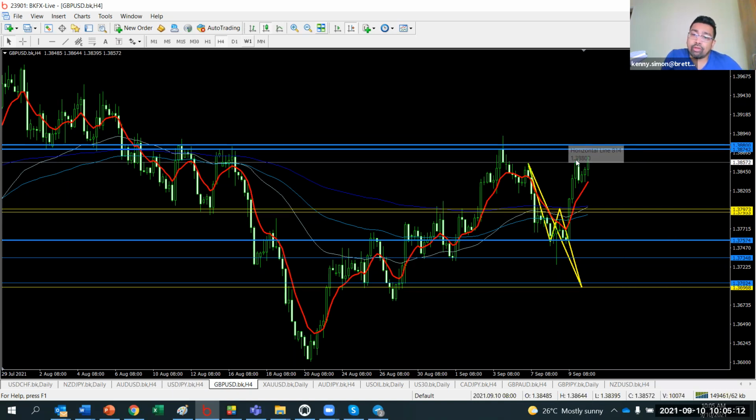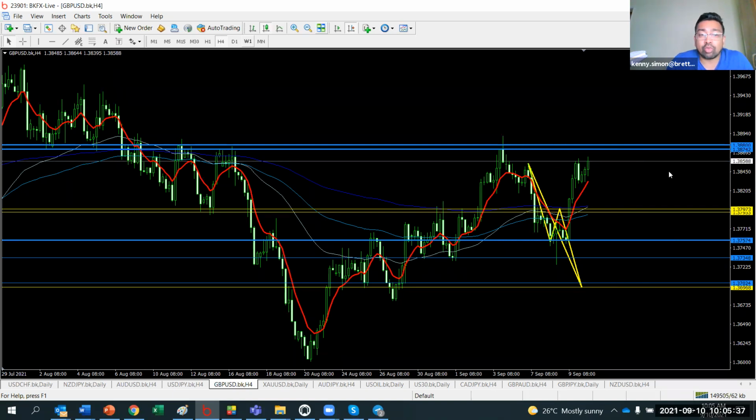As it reverses and comes downwards, we need to understand whether it is coming down into a powerful selling zone or not. If it does come downwards, probably 3870 can be your selling price, but as it goes lower, maybe better to also sell at 3840. Maybe that's your second trigger point.